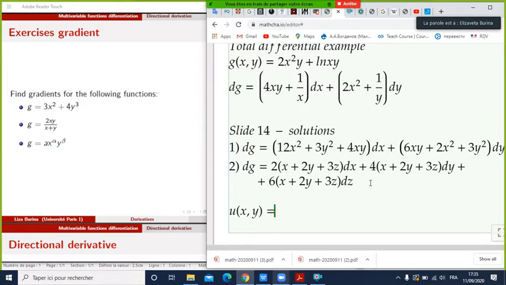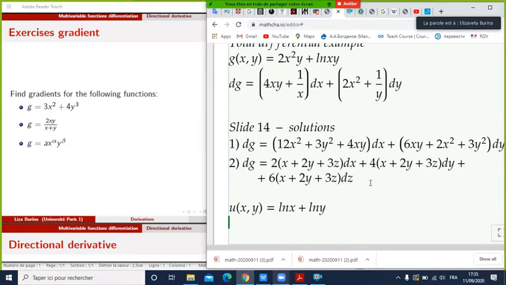So this is u of x and y, and let's take ln x plus ln y.